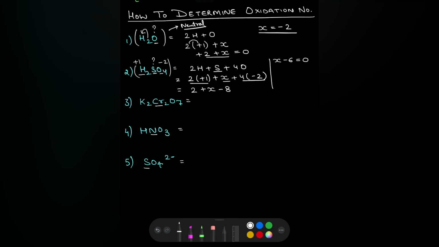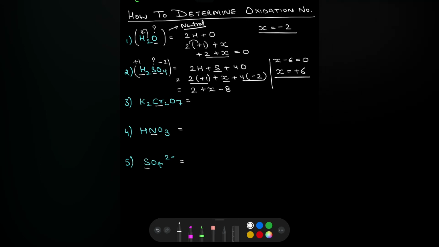So we get x, the value for sulfur here is, the oxidation number of sulfur is +6.